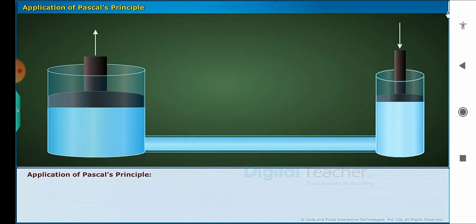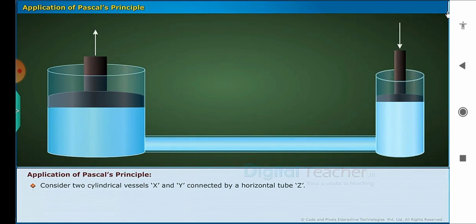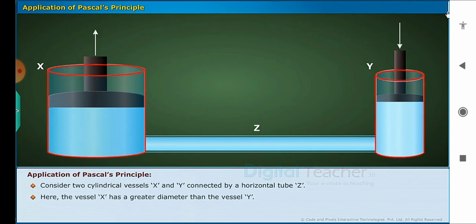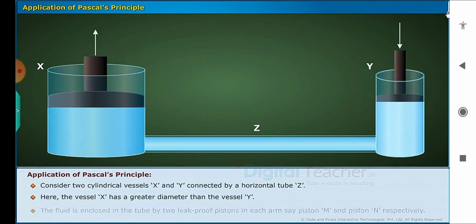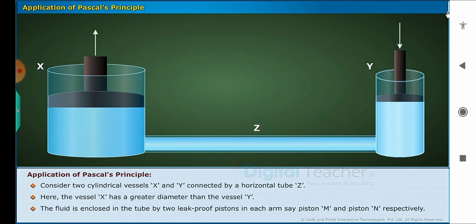Let us demonstrate the applications of Pascal's principle. Consider two cylindrical vessels X and Y connected by a horizontal tube Z. Here, the vessel X has a greater diameter than the vessel Y. The fluid is enclosed in the tube by two leak-proof pistons in each arm, say piston M and piston N respectively.